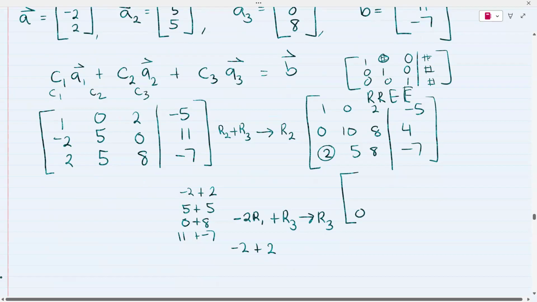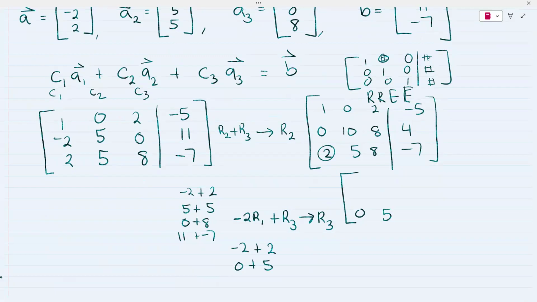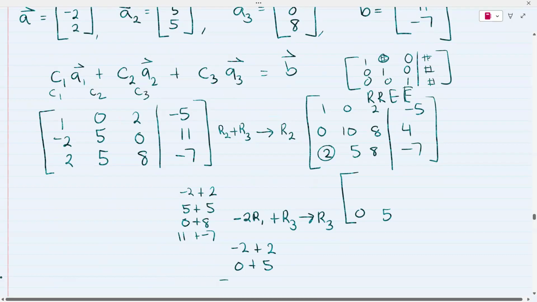And then -2 times 0 is 0, plus the second number in row 3 is 5, so that would be 5. And then -2 times 2 is -4, plus the third number in row 3 is 8, so 8 minus 4 is 4.